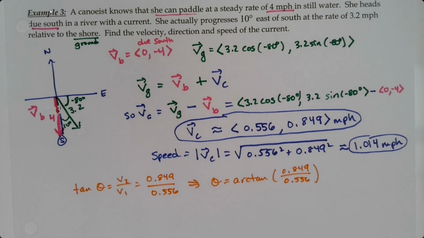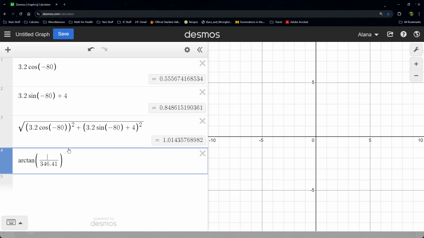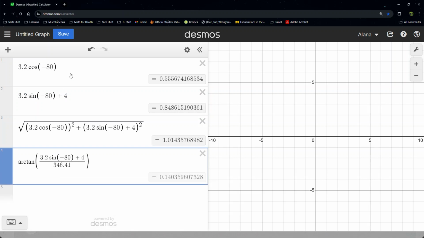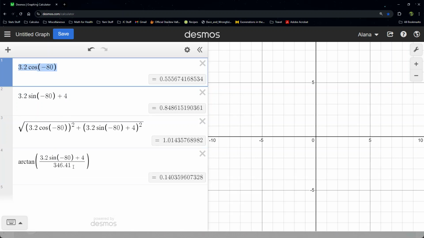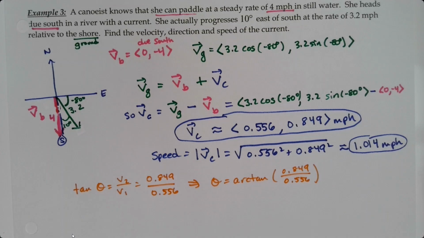Okay, so let's grab Desmos and make it find that for us. All right, so I want the 0.849 on the top, and I want the 0.556 on the bottom, and I get an angle of 56.78 degrees. So 56.8, if you will.